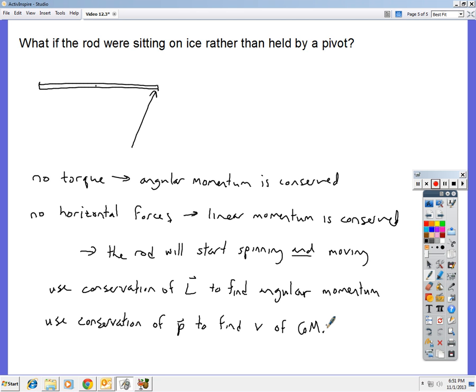Now the next question is, is energy conserved? And the answer to that is no. It is not conserved, and the reason why would be that when the bullet embeds itself in the stick, it breaks part of the stick, and that does work, and so energy is not conserved.